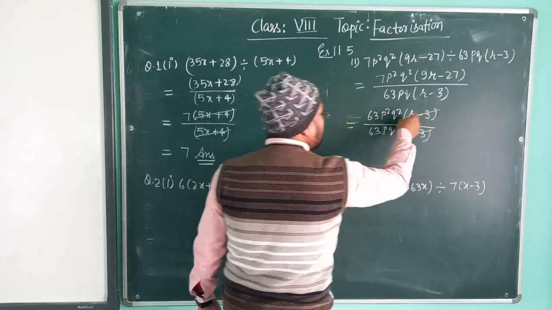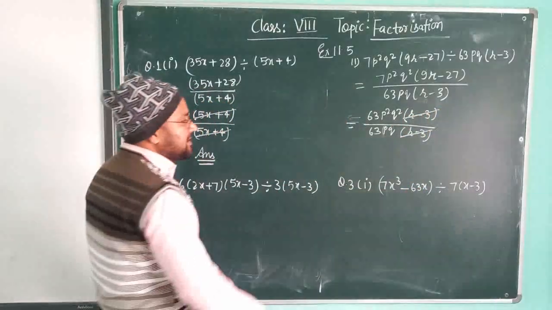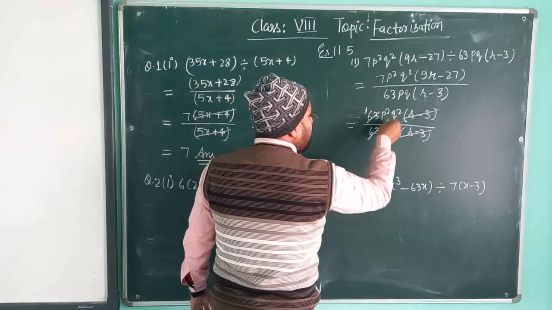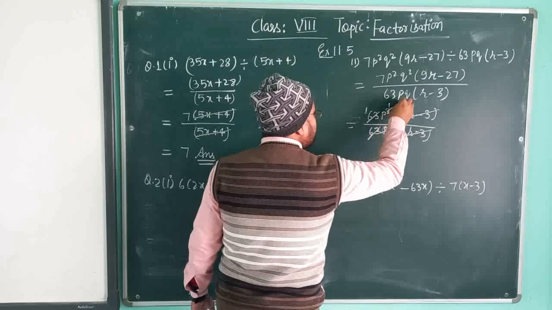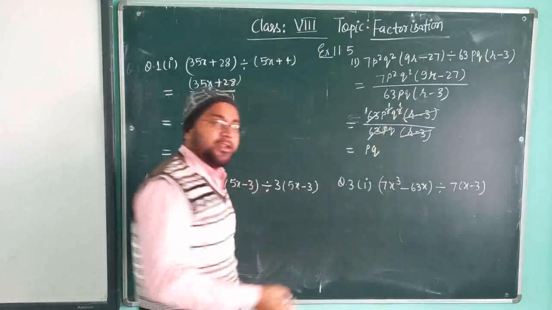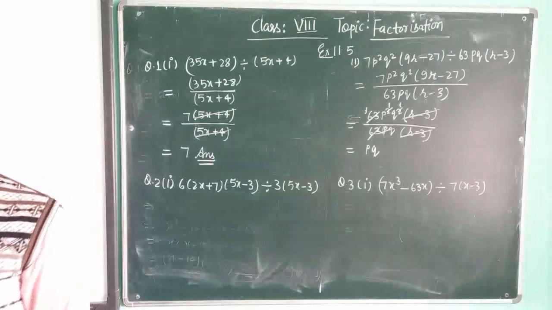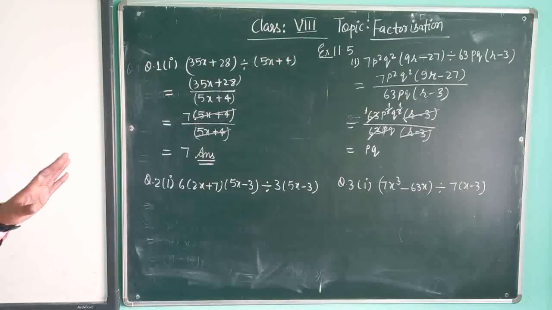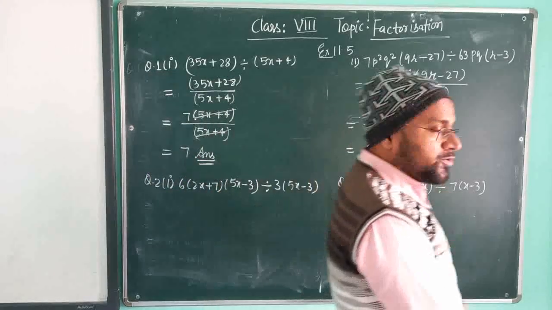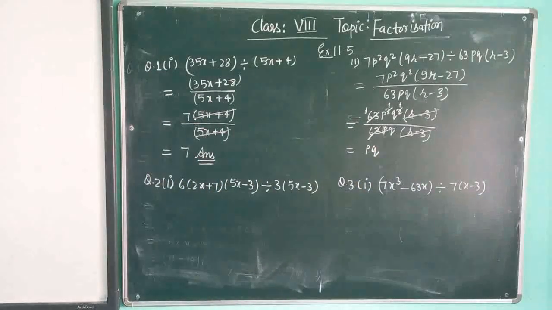So r minus 3 is going to be cancelled out with this one. 63 is going to be cancelled out by 63. 1 pq is cancelled out by 1 pq. Then what is remaining here? p and q. p to the power 1 and q to the power 1 is the same as p and q. So this is the solution of this question number first, second part.